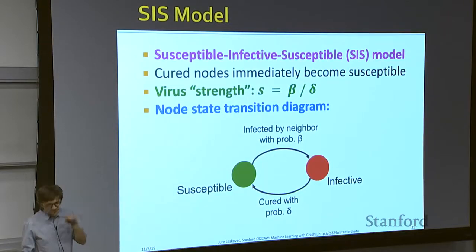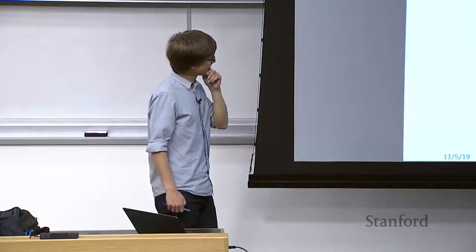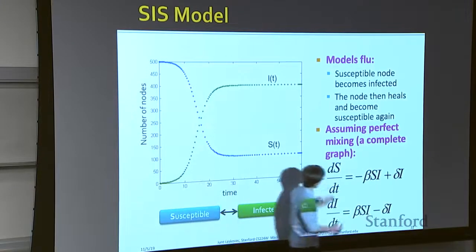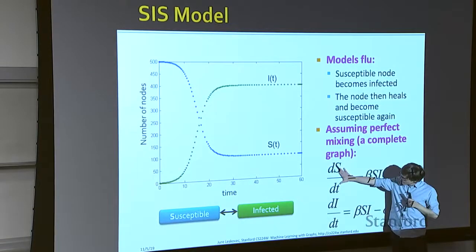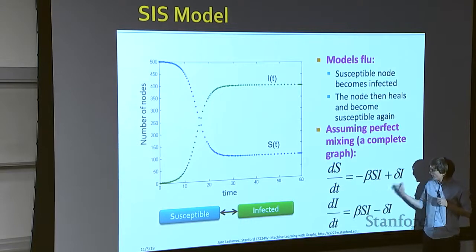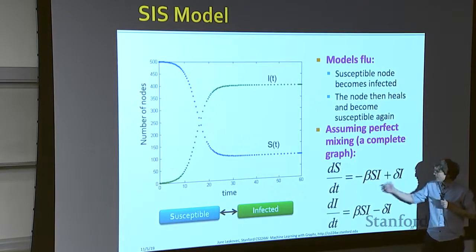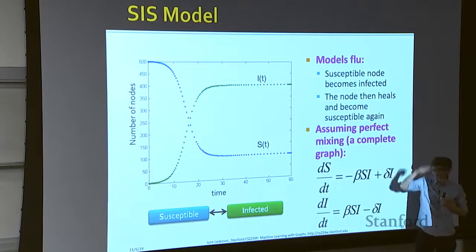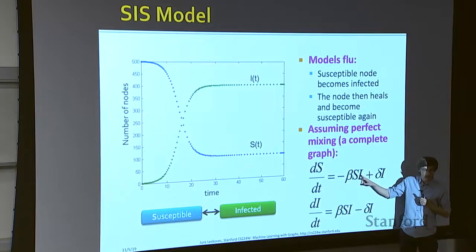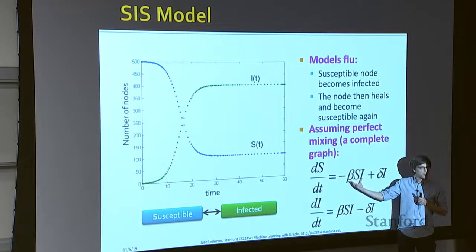So, a simple two-state diagram. What is interesting is if you look at this model, here are the transitions. This is the change in the number of susceptible people. You have two factors. One is that infected people are getting healed, so the number of susceptible people will increase. But susceptible people can get in contact with the infected people, and with that rate, the number of susceptible people is decreasing.